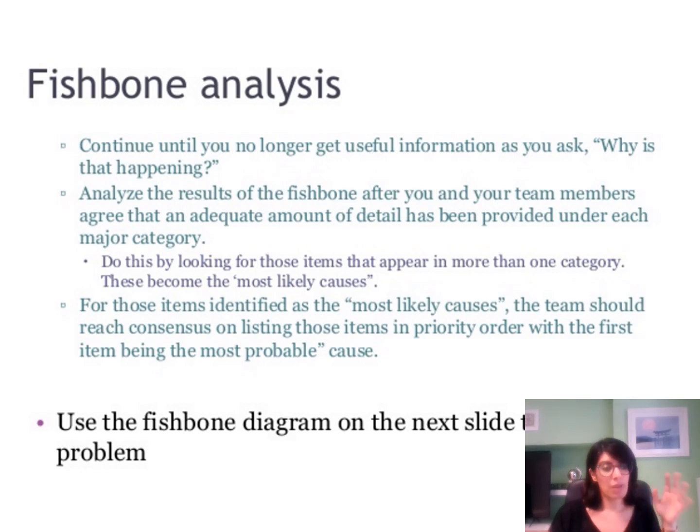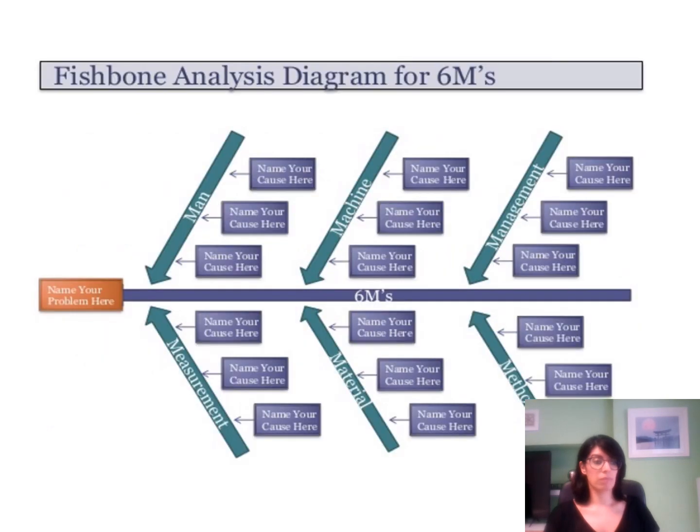And what you do next is you will then look at all the potential causes, and then you'll actually list out the most likely causes of this problem. So all the factors leading into the problem may not be the most likely causes. There are some that will, and they're the ones that you will focus on as a team and try and resolve in order to solve the problem.